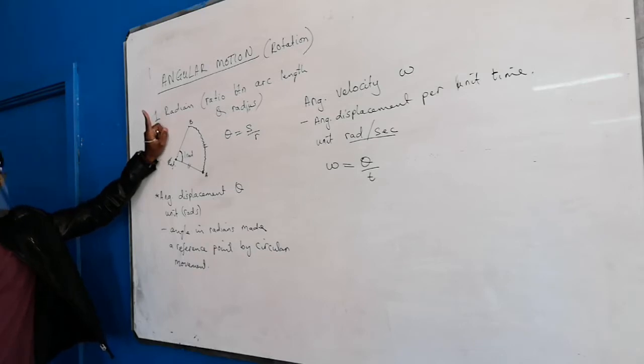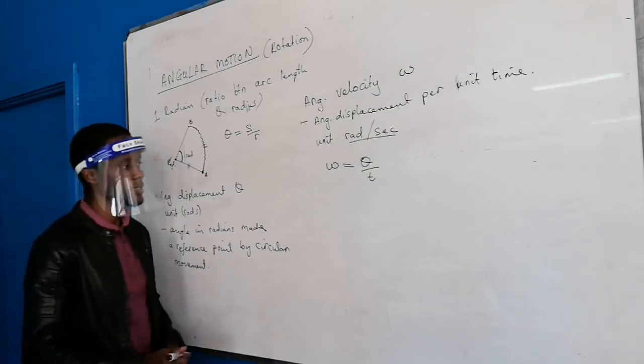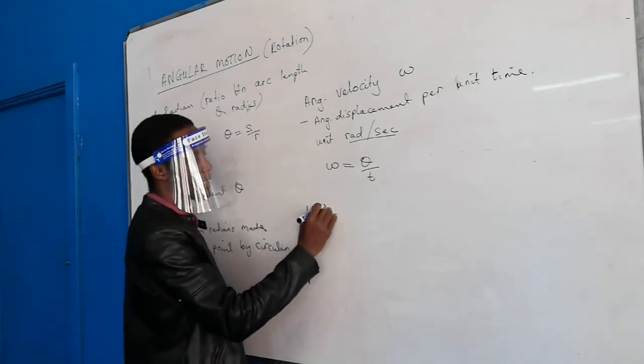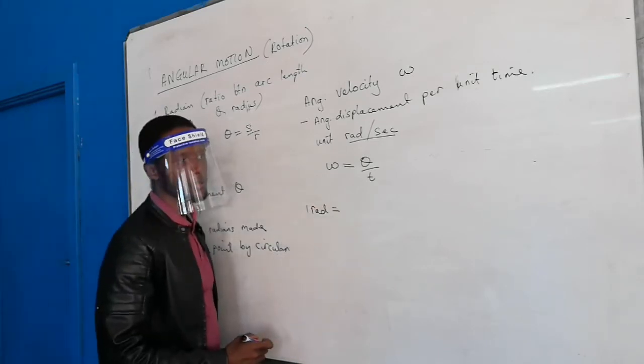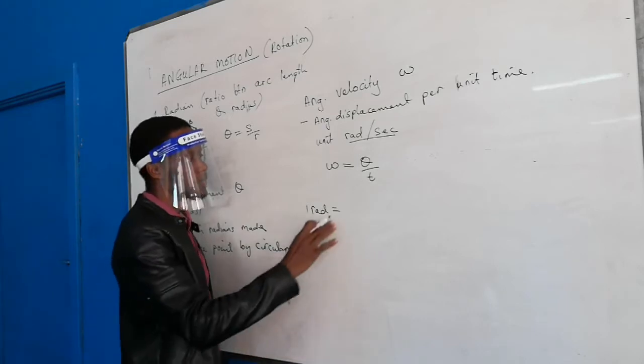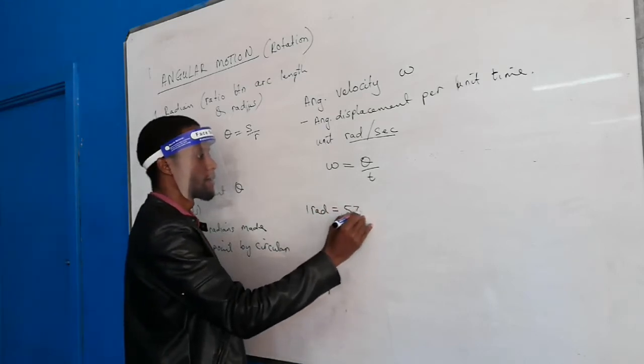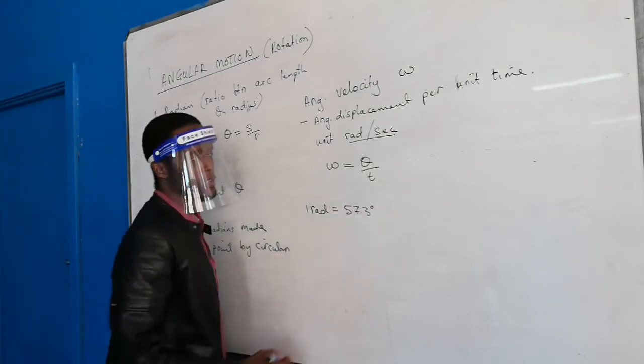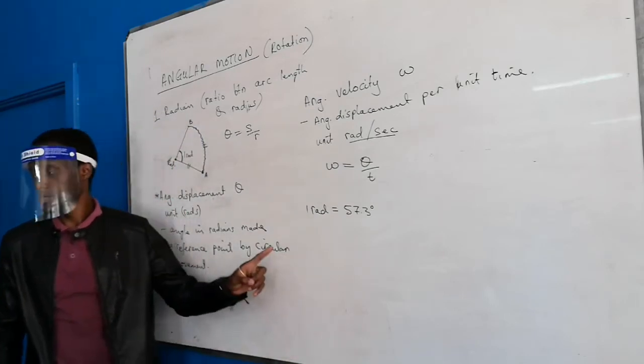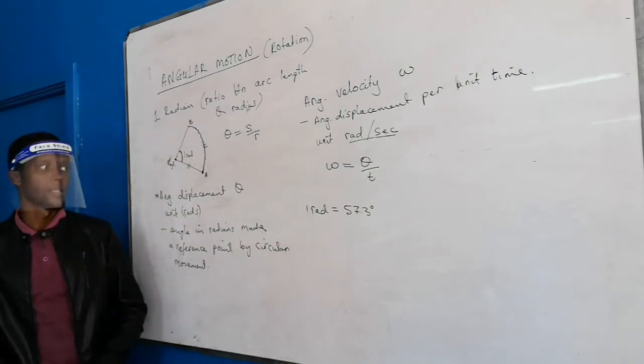How much is one radian in degrees? 57.3 degrees. I gave it. Please do not forget.